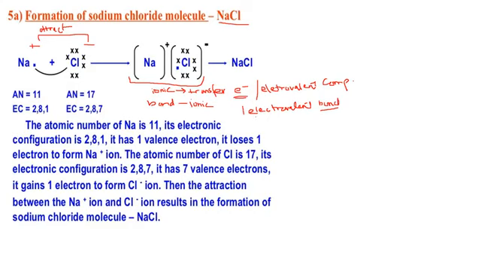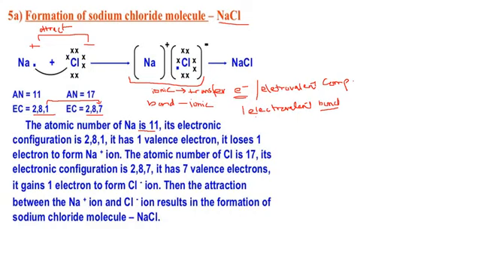So here we can see the compound formed is sodium chloride. Now the atomic number of sodium we know is 11, so according to the configuration it is 2, 8, 1. And chlorine has the electronic configuration 2, 8, 7. So this electron will be given to chlorine.